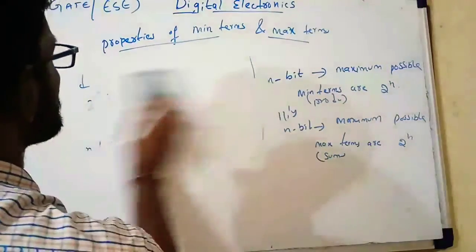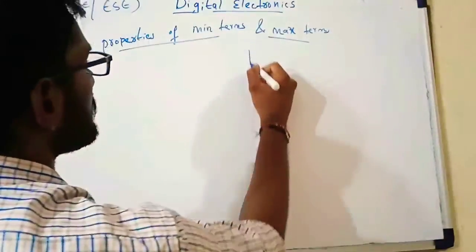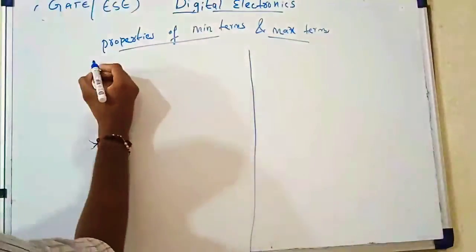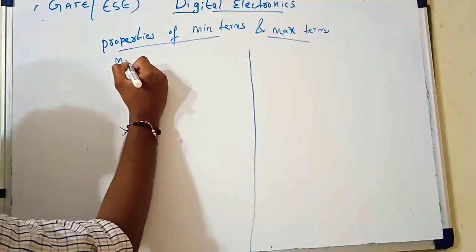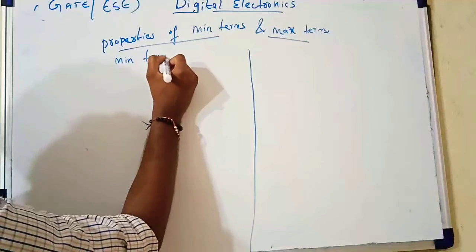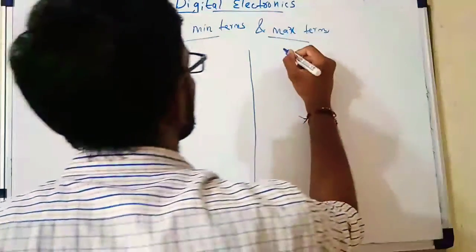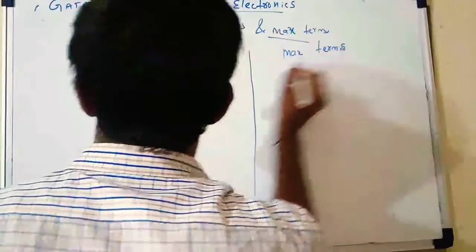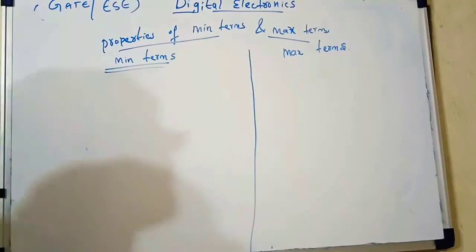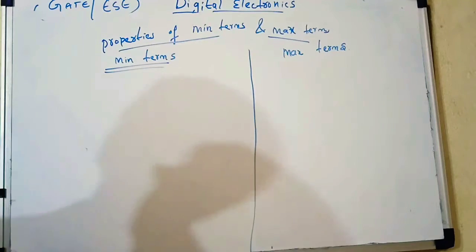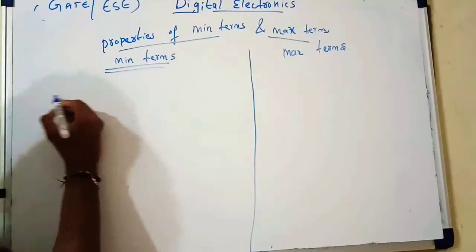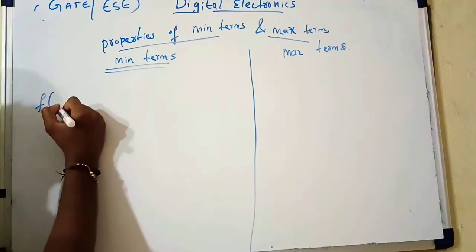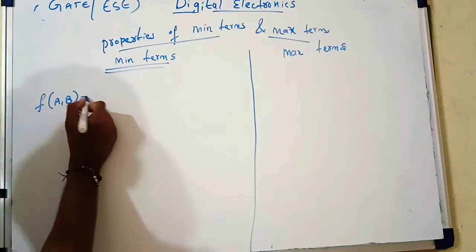Let us see the properties. Here I am taking the minterm. Here I am taking the maxterms. Here I am taking the 2 bit expression.